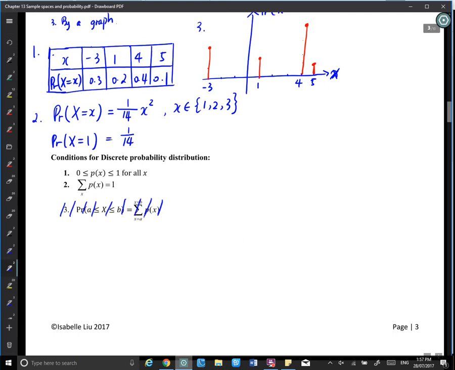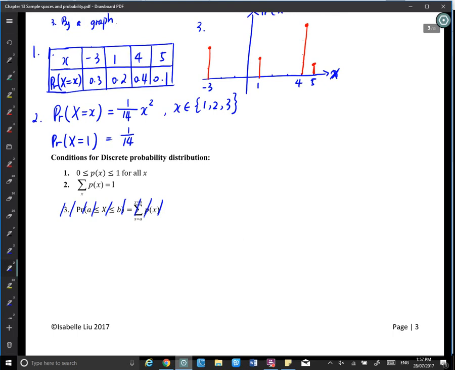So, I can't just randomly sketch a table and randomly put numbers in and have that become a probability distribution. That doesn't work. So the conditions for a discrete probability distribution will be those 2. You need to test those 2. First, each probability needs to be in between 0 to 1. That's very important.